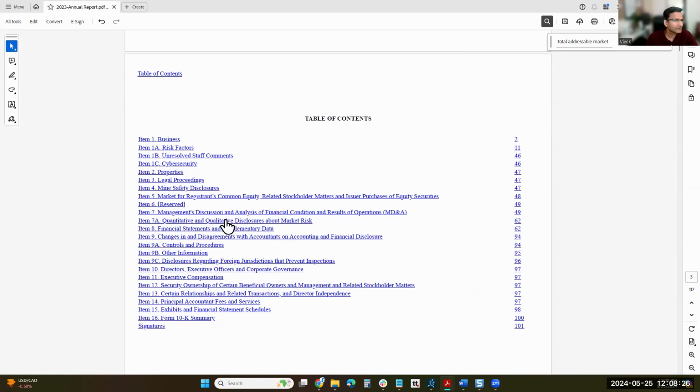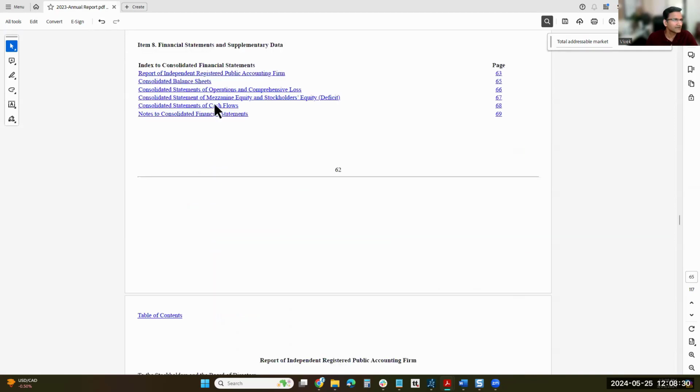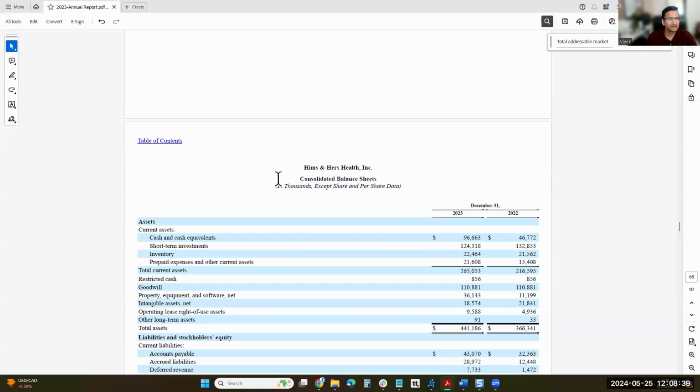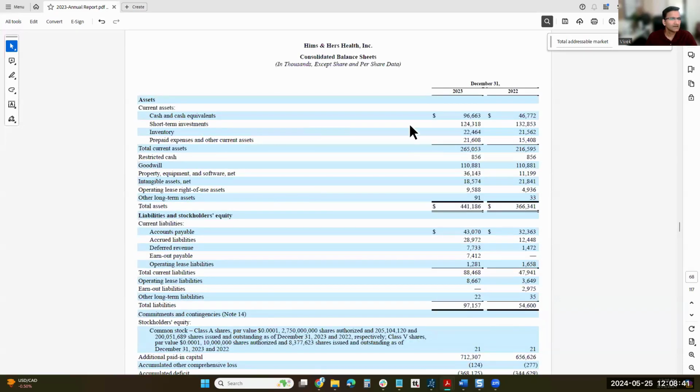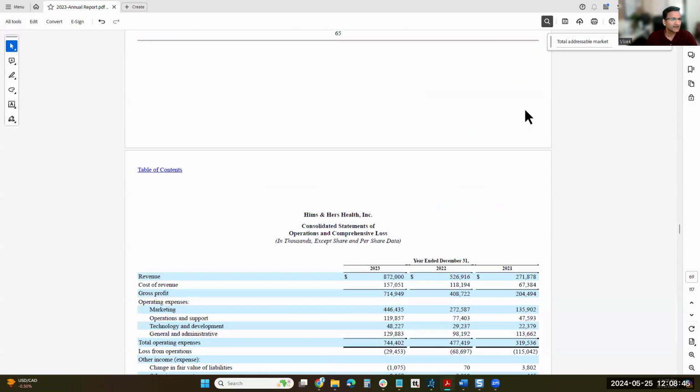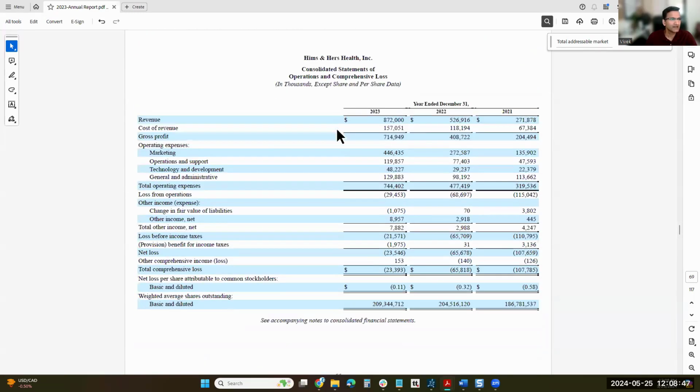Where did it go? Financial statements and supplementary data. Okay, so let's start with the balance sheet. $46 million. So before the balance sheet, let's see if we can get through operations, the P&L statement.